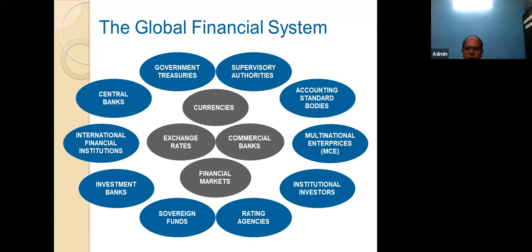Now, whenever a company goes for issuing debentures, they have to take a rating from these agencies. The rating agency's job is to give a specific rating. As when a movie is released in the theater, there are some symbols given, single star, 2 star, 3 star.